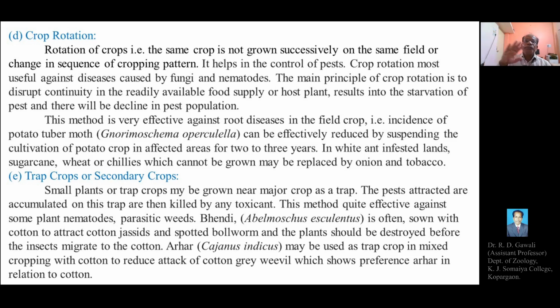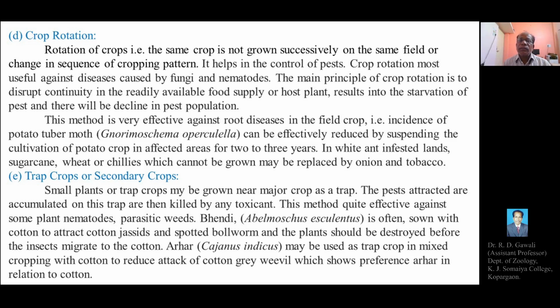So, with the change of complete crop pattern, we can eliminate these pests or the stages of these pests, and this is the best practice to kill these insects due to the non-availability of the host plants or the food in the particular region.